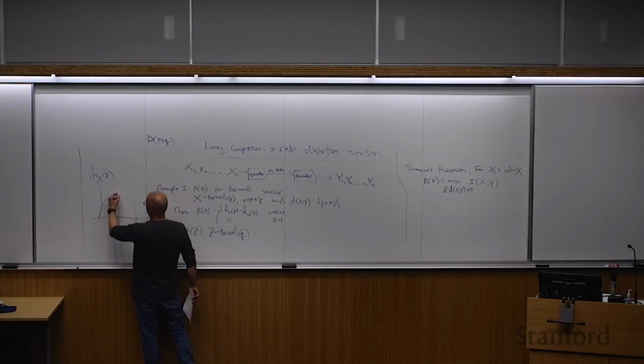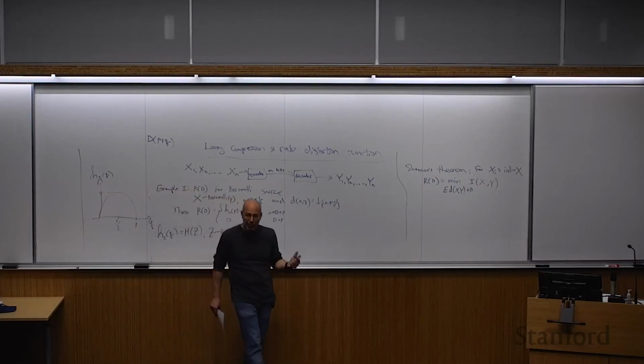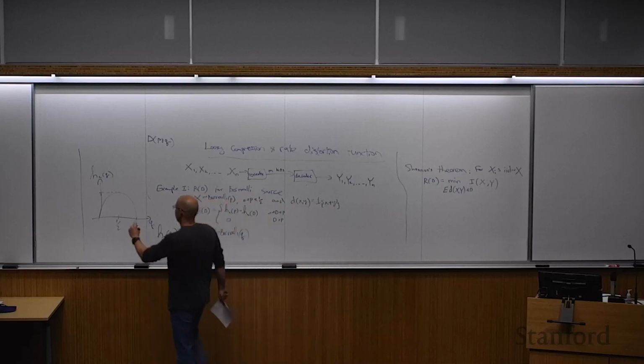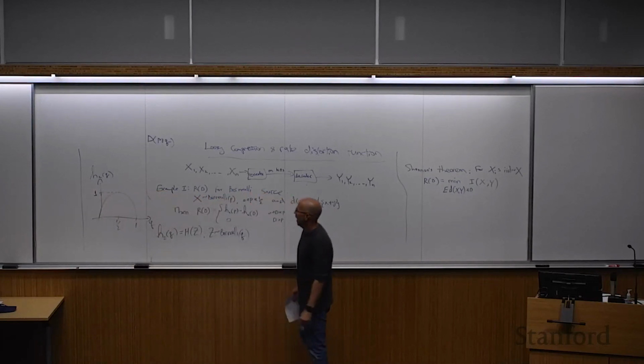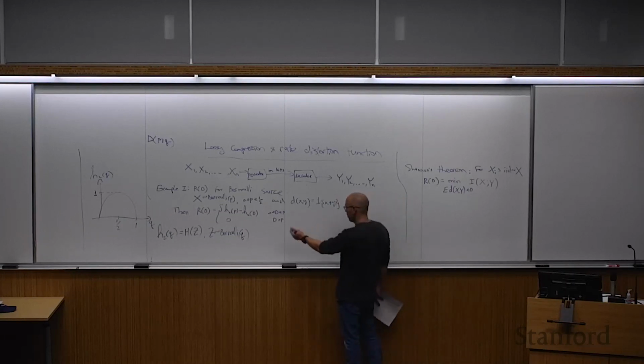And this corresponds to the maximal value, the entropy of a Bernoulli half variable, a fair coin flip, which is 1. So that's the binary entropy function.